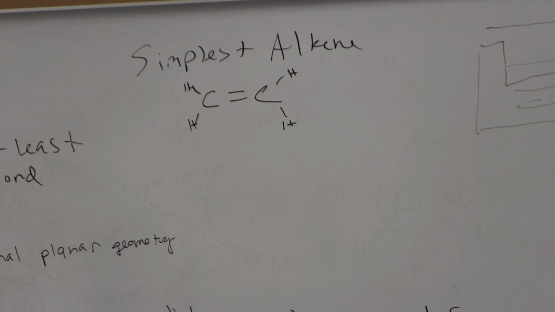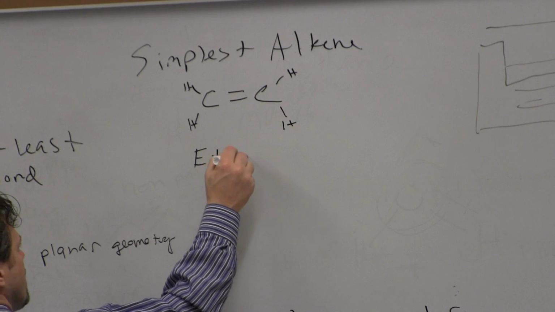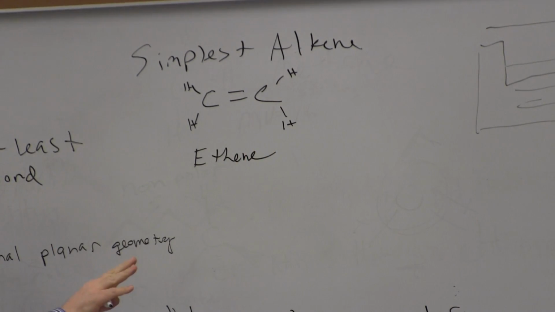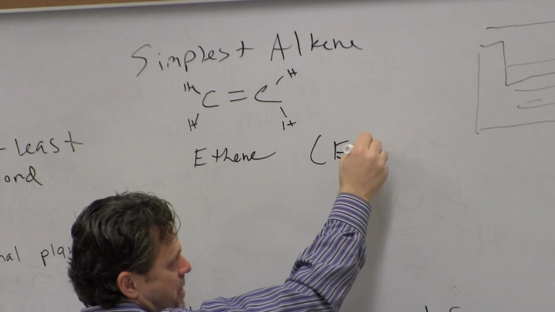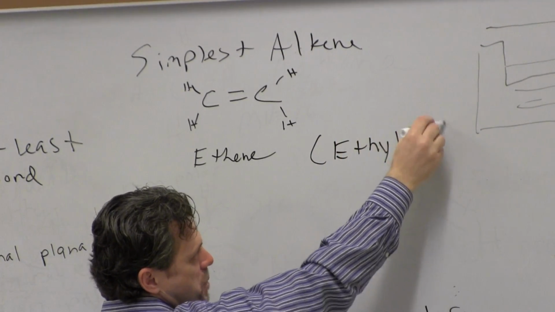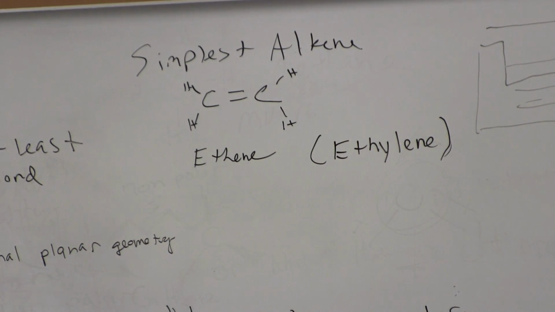What's the prefix for 2? Ethene, right, ethene. That's the formal name for that, but more commonly it's called ethylene. Most people have heard of ethylene. Nobody really calls that ethene, even though that's the real formal name for it.